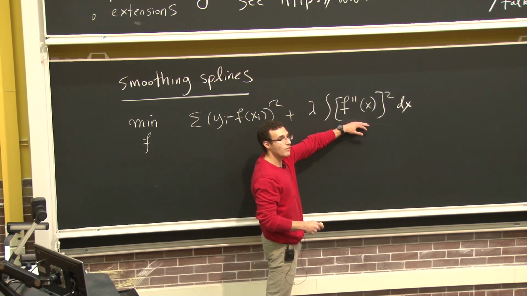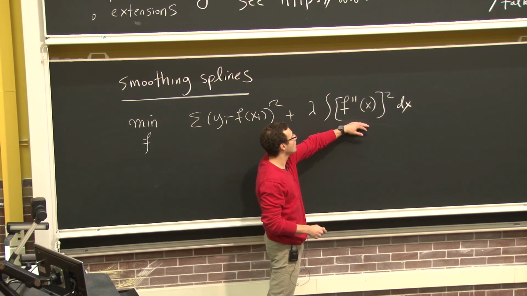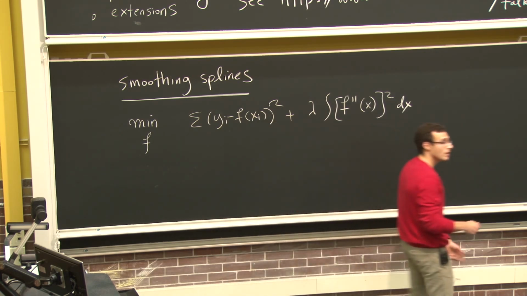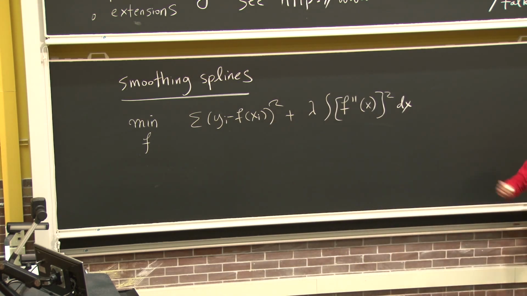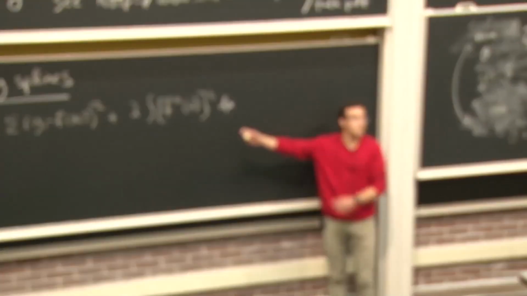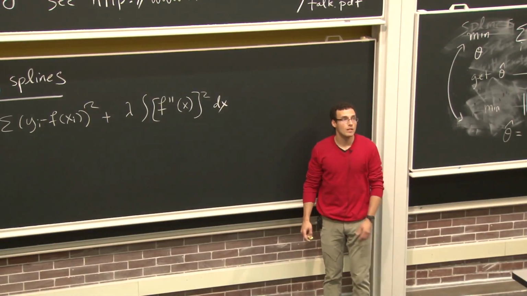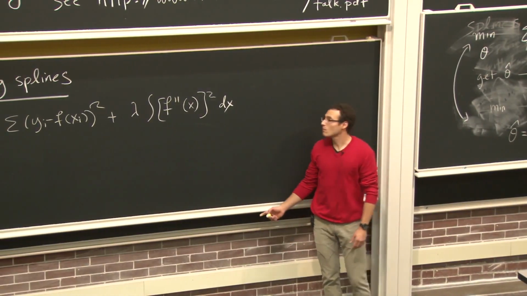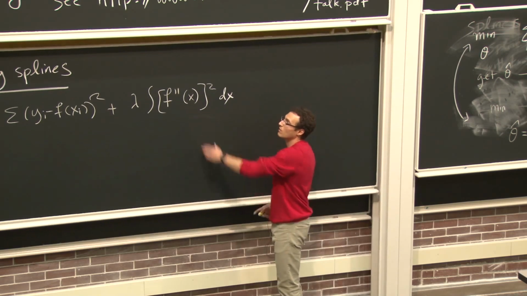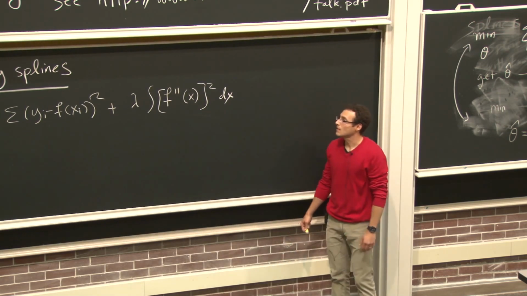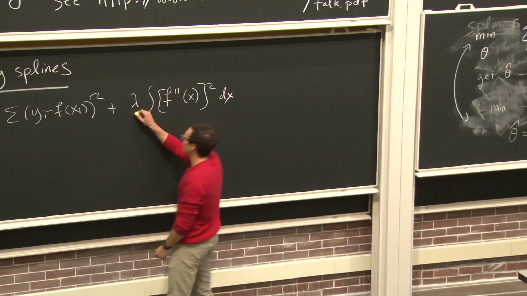So this says that if f has a second derivative that changes a lot, or let's say if f's first derivative changes a lot, then we're going to incur a large penalty. Okay, so it tries to encourage the second derivative to be small throughout the entire domain of the x points. Okay, and this lambda is called a tuning parameter.